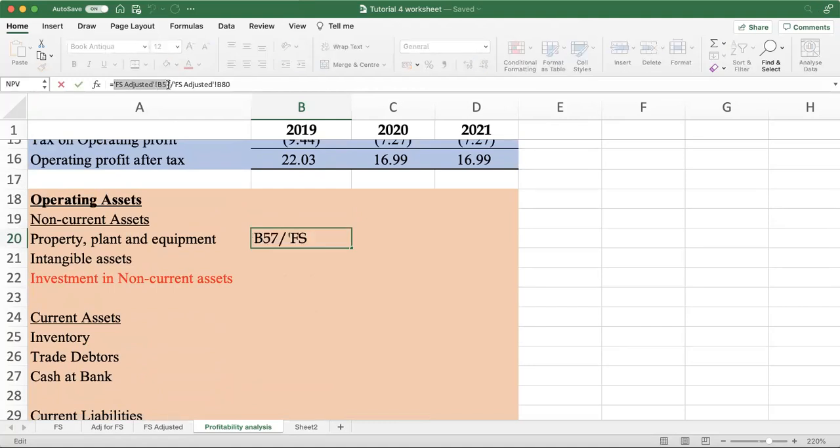You press F4, only row-wise, so the dollar mark goes only before the sales row number, 57.